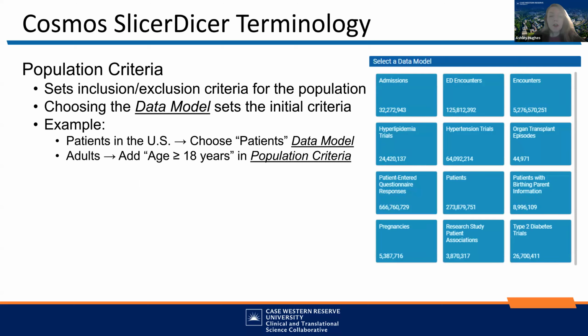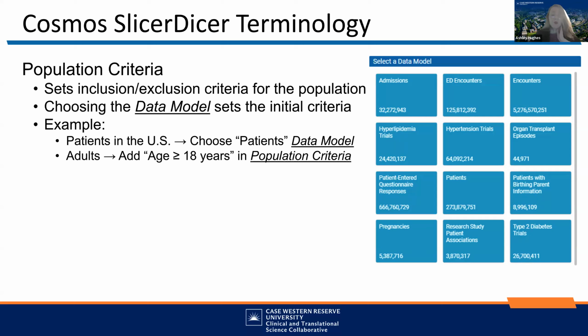So just to remind you, when we begin accessing Slicer Dicer, it asks you before you can even enter the Slicer Dicer session, what type of data model you want to query. And really, when you're selecting that initial data model, you're in some ways setting your initial criteria of what type of population you are interested in querying. So this could be anything from hospital admissions. You may just want to look at pregnancies, people who have had pregnancies, and then you can isolate and do queries specifically focused on that.